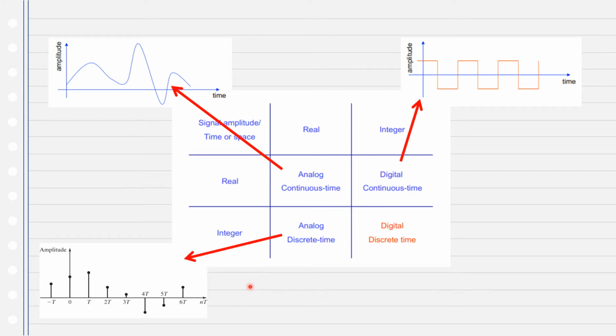Same here: analog refers to the amplitude, which can be of continuous range, with discrete time, so it exists at discrete time. And then we have digital, discrete time: digital amplitude, and also at discrete time. I hope you're clear about these four basic classes of signals, which are very important.